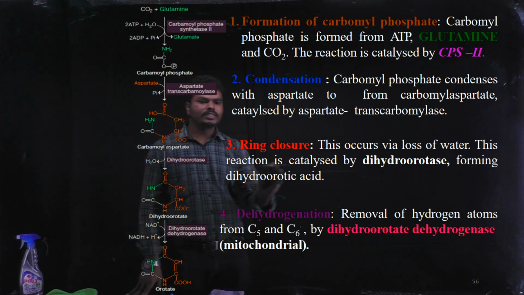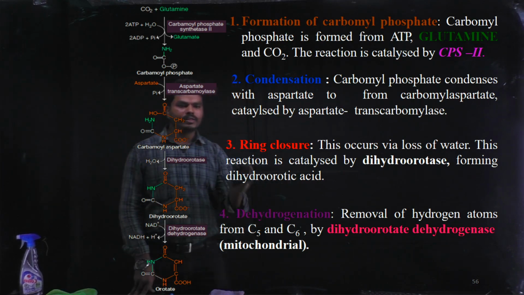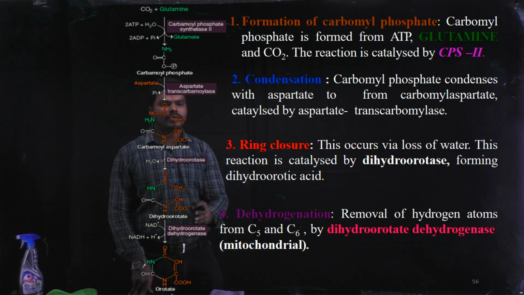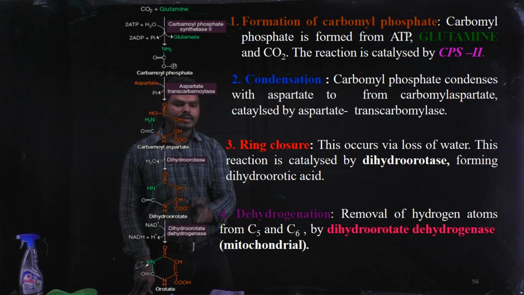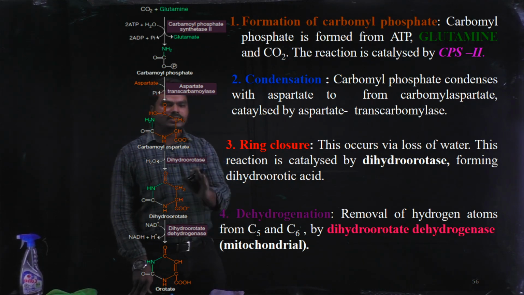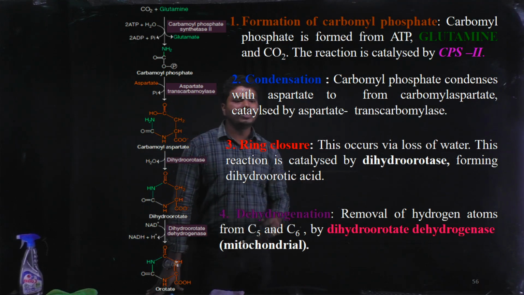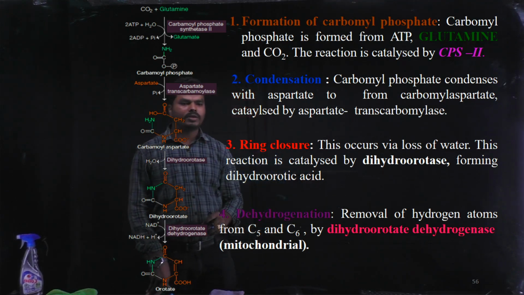So the dehydrogenation reaction takes place after the ring closure. During this dehydrogenation, there is a removal of hydrogens from C5 and C6 carbon, and thereby it is able to form orotate. And this reaction is catalyzed by the enzyme dihydroorotate dehydrogenase.